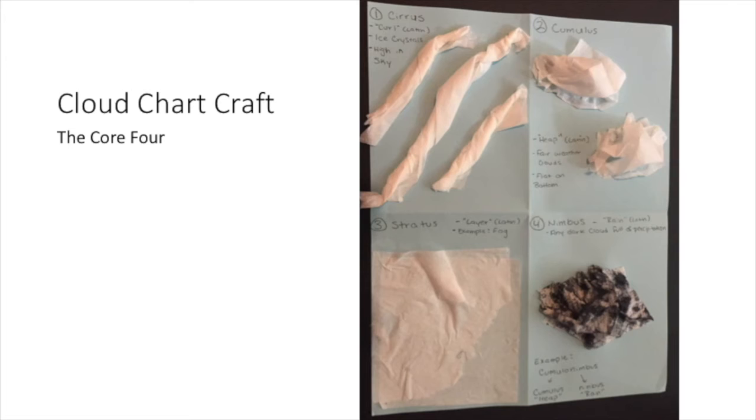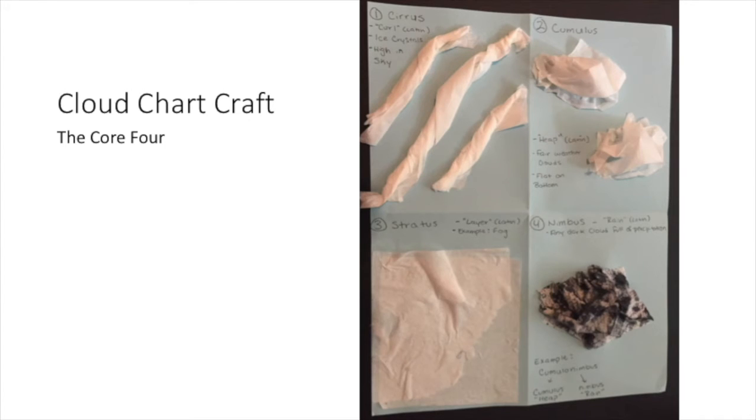So in this craft, we are going to be focusing in on the core 4 clouds. So these were the original 4 that got named that help inspire the identification and naming of 27 more clouds. So to begin, on the right hand of your screen, there is a picture of what we are making today.